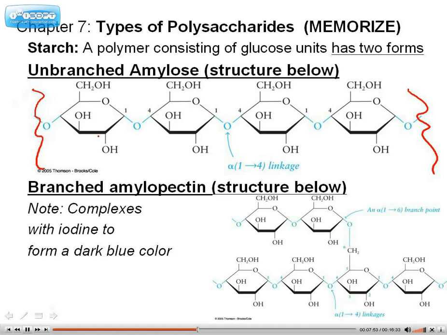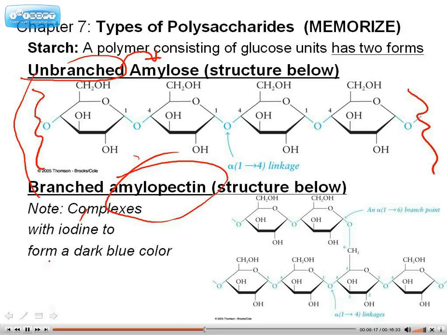We have different types of polysaccharides. In this case, we have 2 types of starch. We have the unbranched version of starch, which is amylose, and then we have the branched version of starch, which is amylopectin.